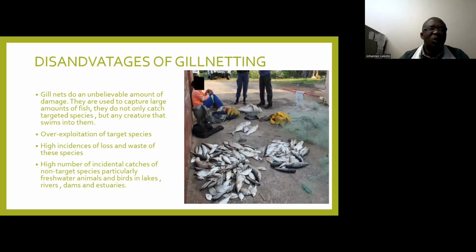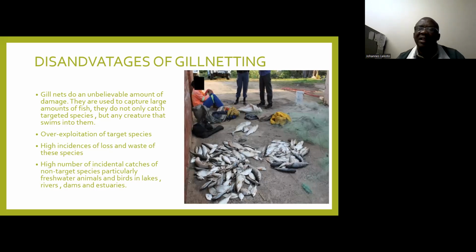Gill nets cause overexploitation of target species. There's a high incidence of loss and waste of these species due to gill nets. There's a high number of incidental catches of non-target species, particularly freshwater animals and birds in lakes, rivers, dams, and estuaries.